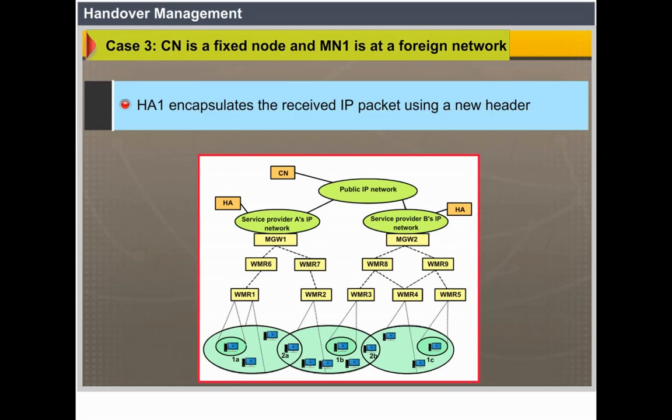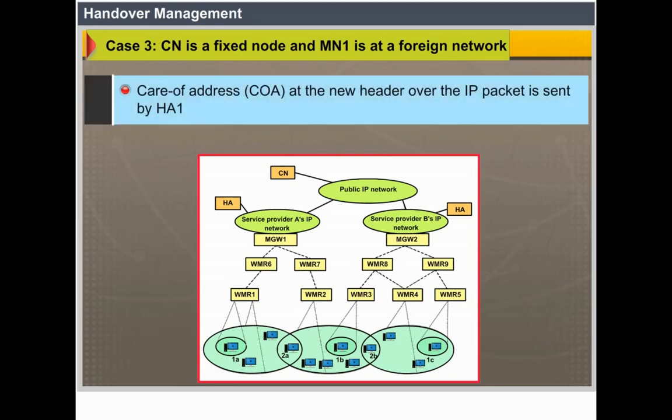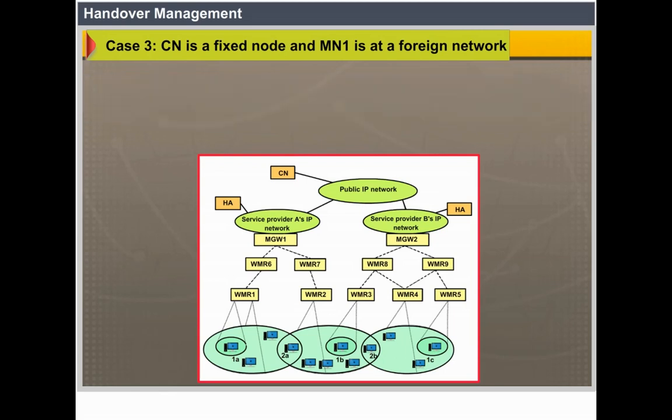HAI encapsulates the received IP packet using a new header, care of address COA, as the new header over the IP packet sent by HAI.